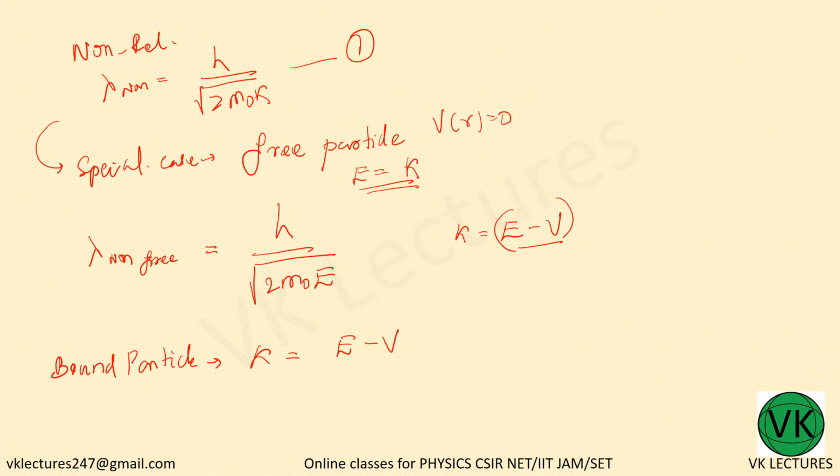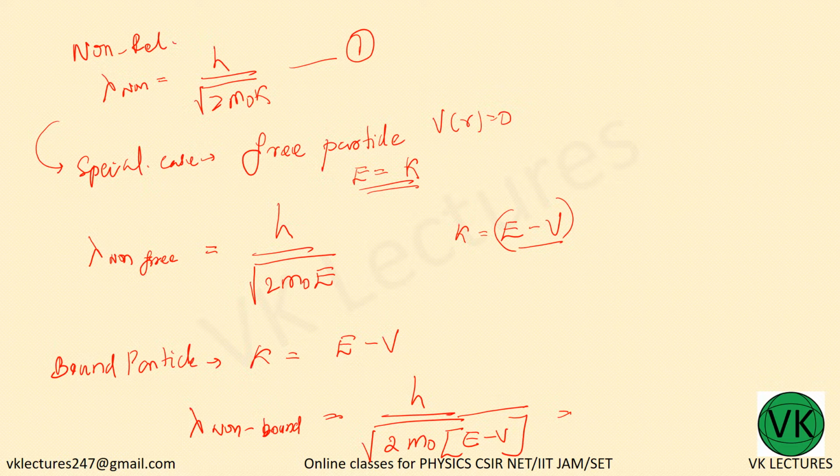So lambda non-relativistic bound particle is equal to h divided by under root 2 m naught into E minus V. This is for bound particle, this is for free particle.